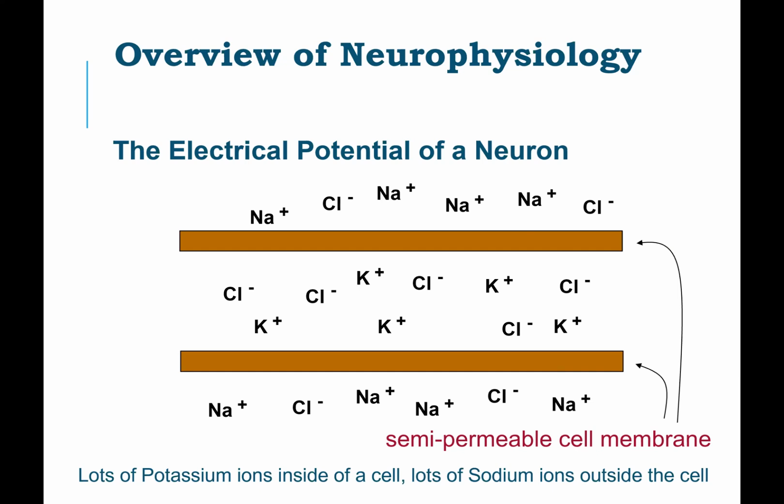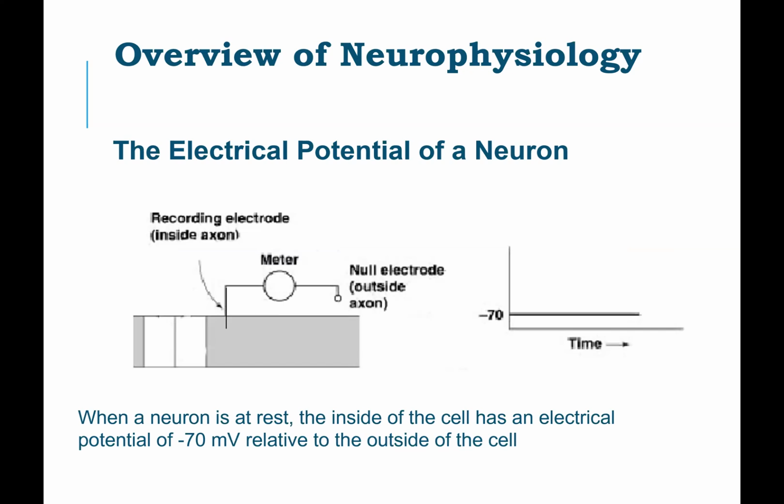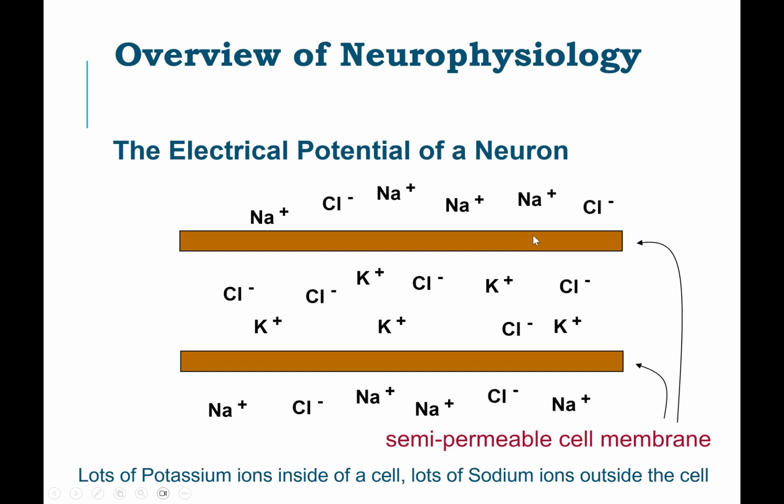Basically, there are what we call ion pumps. But at a resting state, the cell has a ton of potassium, which is a positive ion, and chloride, which is a negative ion. And then you have sodium and chloride outside of a cell at a resting state. I forgot to mention this: at the resting state, the ratio of positive to negative inside of a cell is much smaller than outside of a cell.